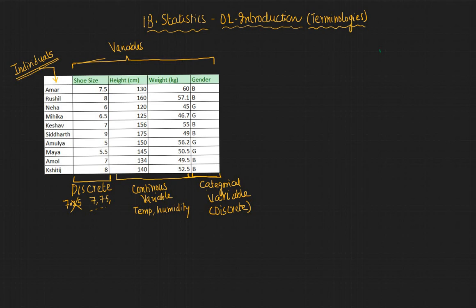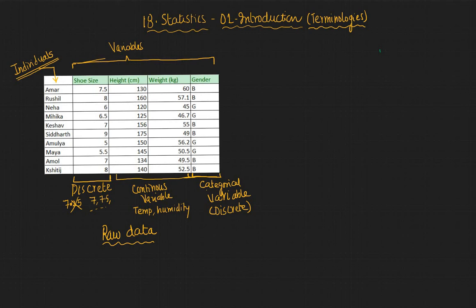Now this data which we have represented, we can call it raw data. Now we can visualize this data in a little different way. If we sort all this information that we have, the shoe size, height, weight, gender and all, then we can derive some meaning out of it.